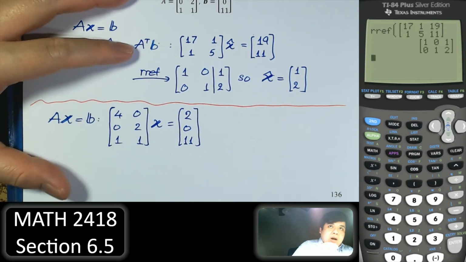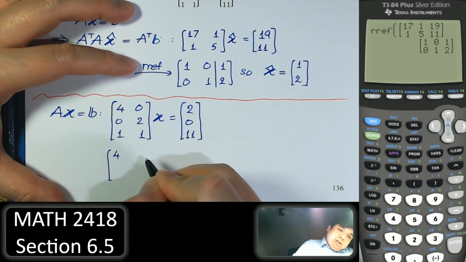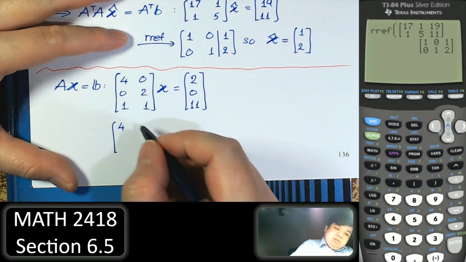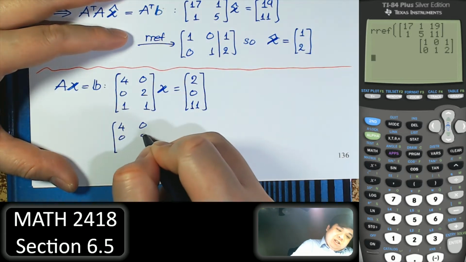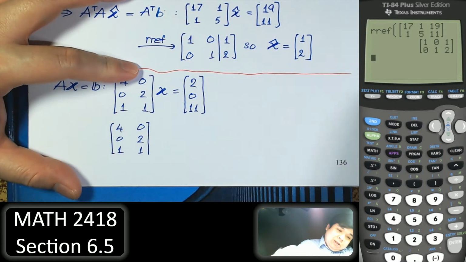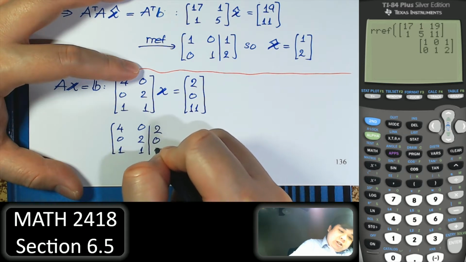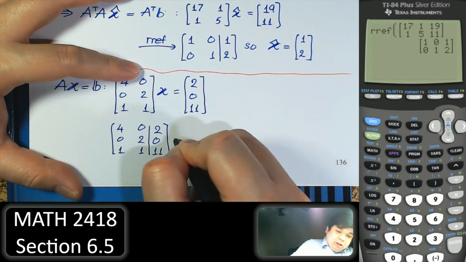Let's do the reduced row echelon form of the augmented matrix. By the way, it said inconsistent, that means there's no solution, but let's show that it actually has no solution.